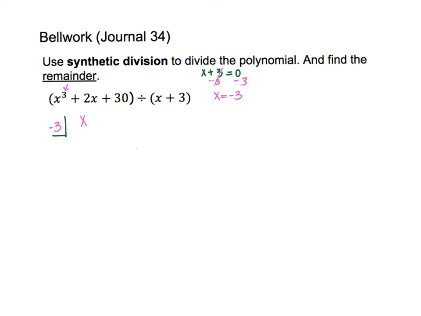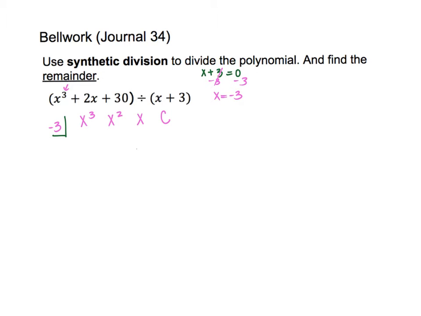So that tells me that you're going to have the labels x to the third, x squared, x to the first, and the constant. Make sure that you show all of the powers of x. What I mean is, if your power is to the third power, you need to show every increment of x, so you decrease the power until you reach the constant. Then underneath it, you write the coefficients.